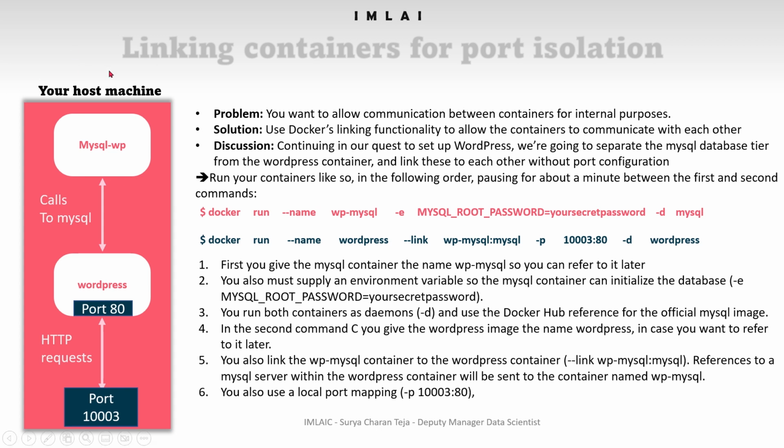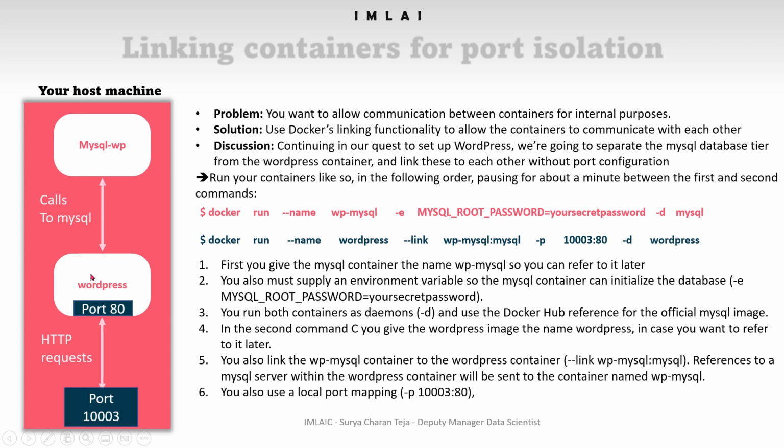So when I use the host machine public IP and port number, then automatically it will go to that port. And which one is running at this port? The WordPress container is running. This port is mapped with port 80 of the WordPress container, so it will directly go to port 80.